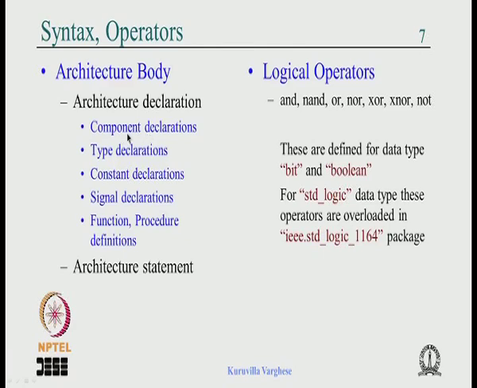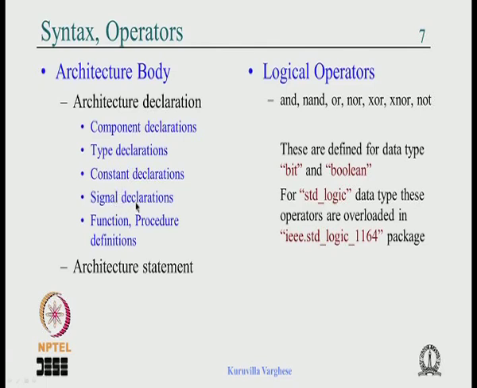Components are like equality comparators, gates, flip flops, multiplexers, encoders, all of that. Then types, data types like standard logic, bit, boolean, and constants, like a bus width that you can define as a constant like size or width.